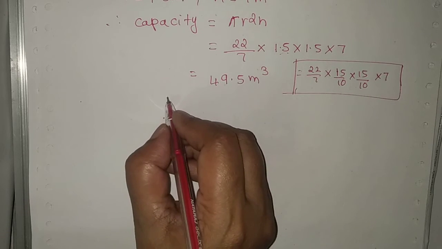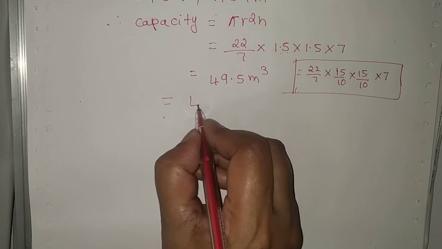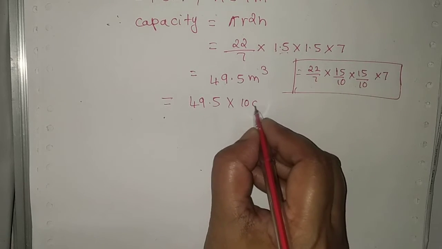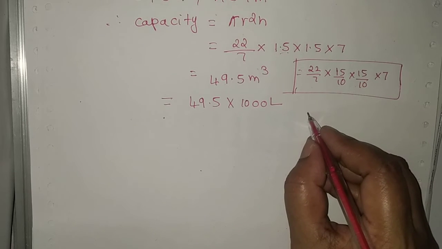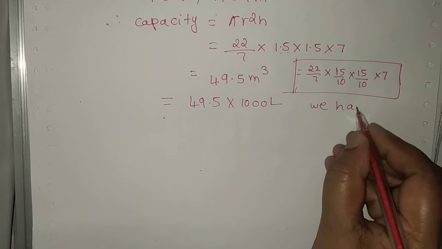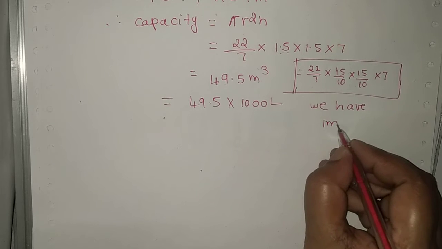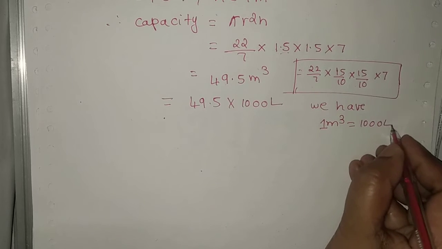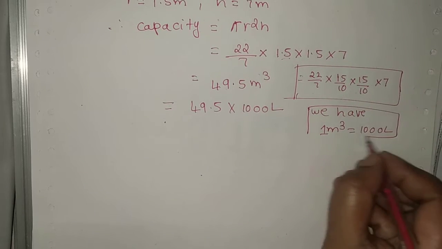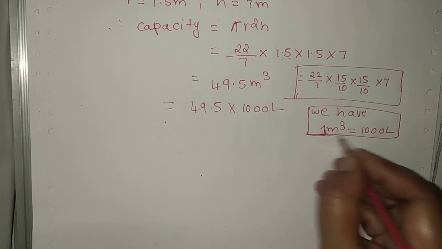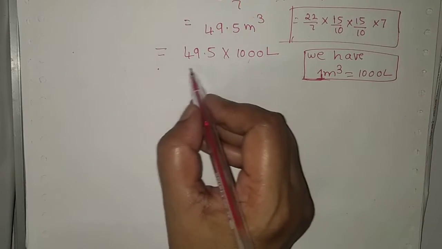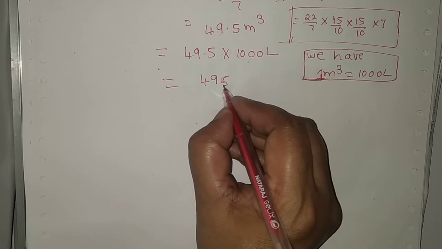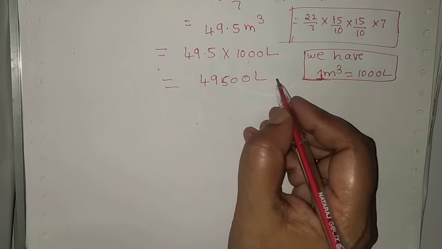49.5 m cube. After this, we have to convert this m cube into liters. So 1 m cube is equal to 1000 liters. For this we have to multiply it by 1000. We'll get 49,500 liters.